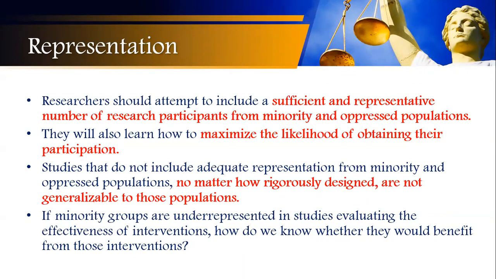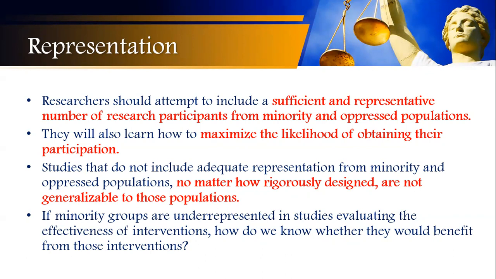And this is a very important point: when we look at the sample demographics included in any given study, if certain minority and oppressed populations are excluded for some reason, then we have to think about the limitations of the generalizations that we make. Because if those groups are not included in our research study, then we cannot make any generalizations about those populations.